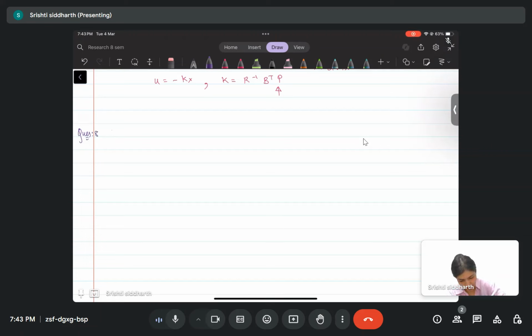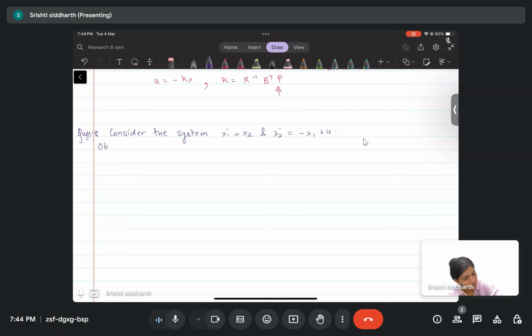So consider the system. x1 dot equals x2 and x2 dot equals minus x1 plus u.